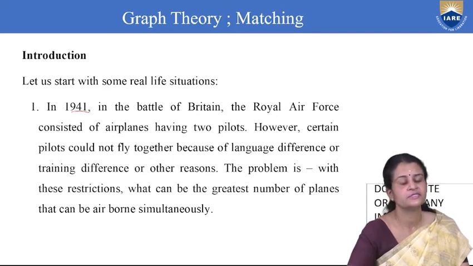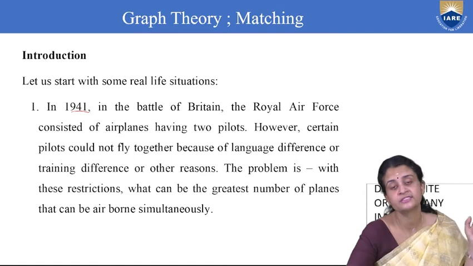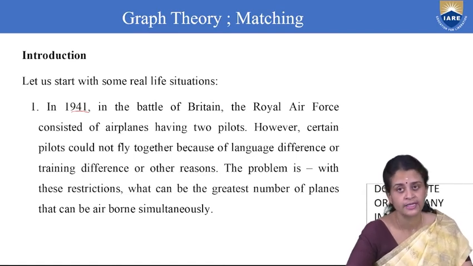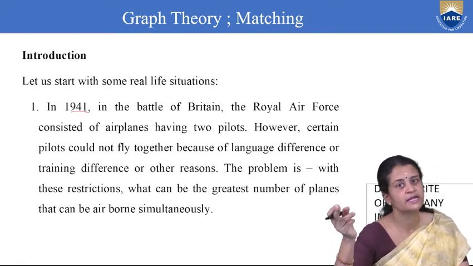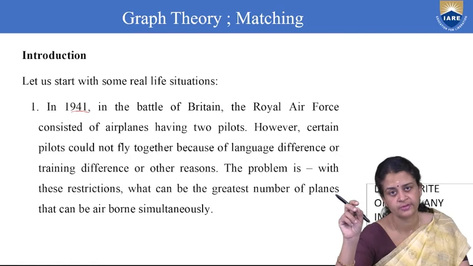The problem is with these restrictions. Every plane has to be flown with two pilots, and everyone cannot be put into the same flight. So with this restriction, what is the greatest number of planes that can be airborne simultaneously?